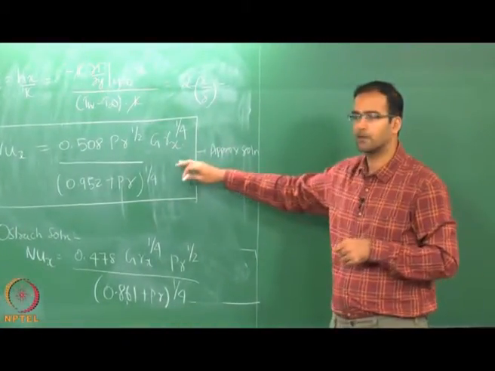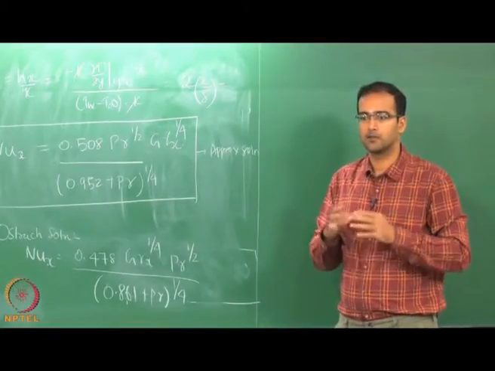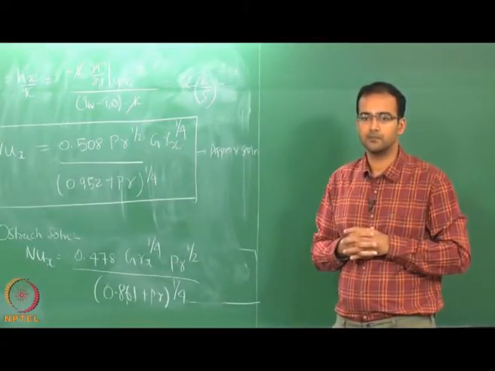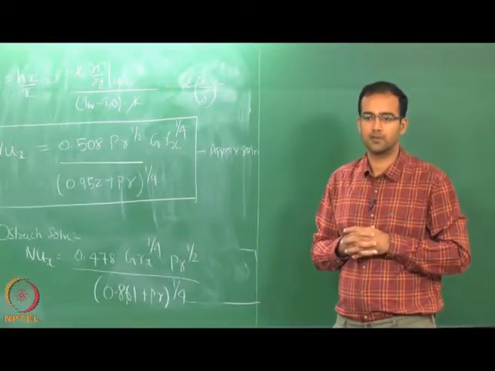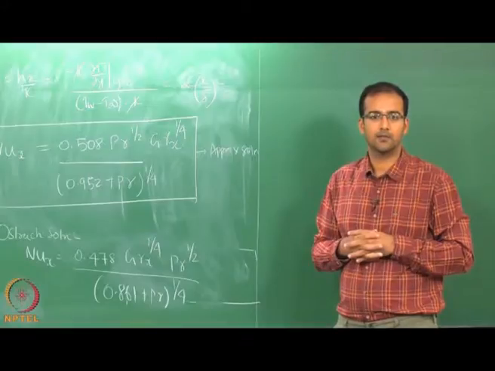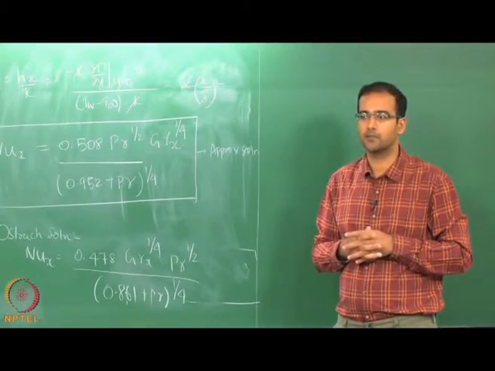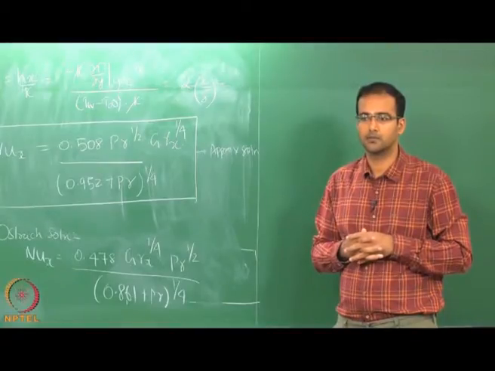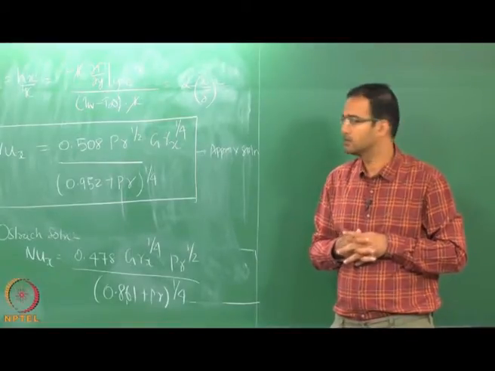This has to be applied where the Prandtl numbers are close to 1. In fact most of the natural convection problems are done with gases. You do not force very large Prandtl numbers or very small Prandtl numbers into natural convection mode, right.